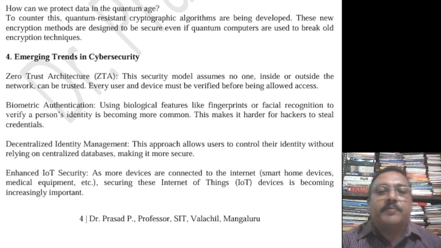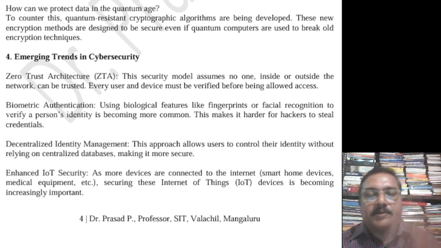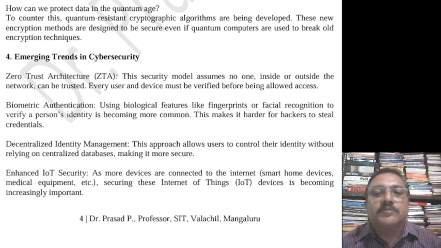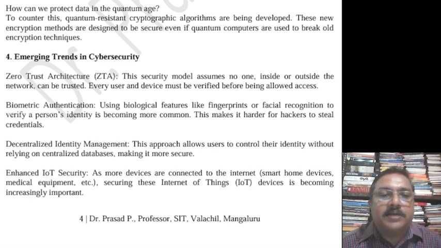If a particular website or file needs to be opened, it needs biometric authentication, meaning only that particular person's fingerprint or face must be shown, and only then will it open. A normal hacker cannot do that very easily, and cannot get into the security system if biometric authentication is there.